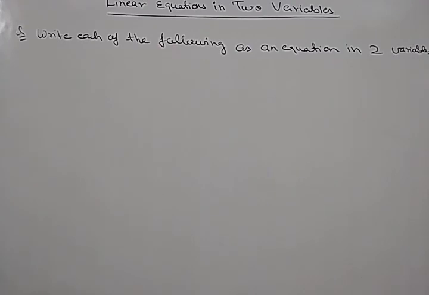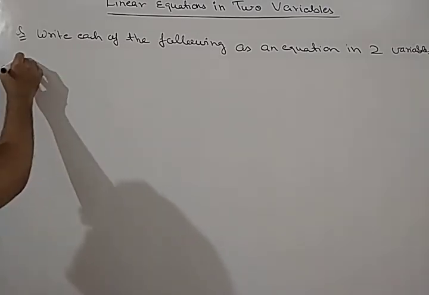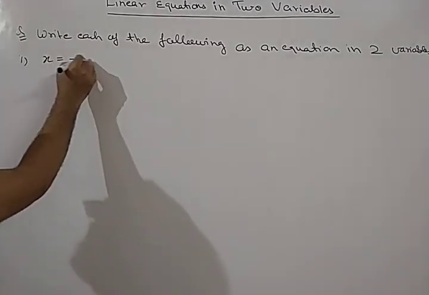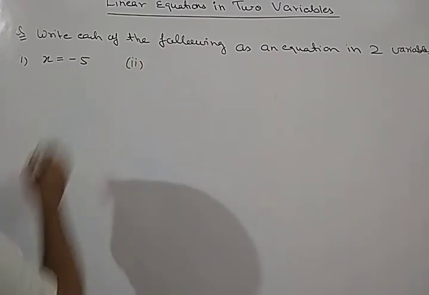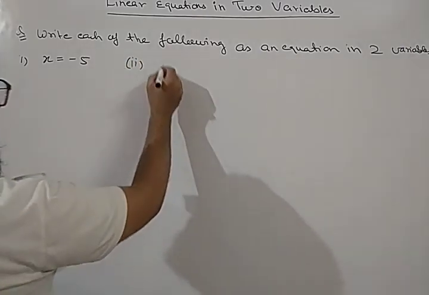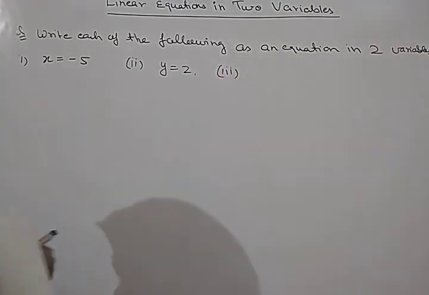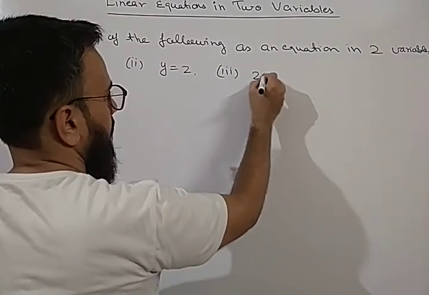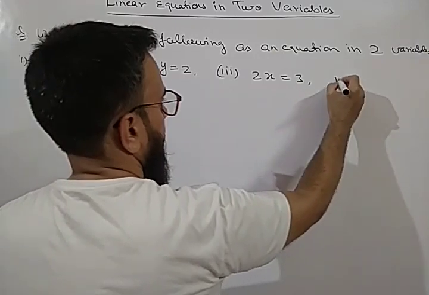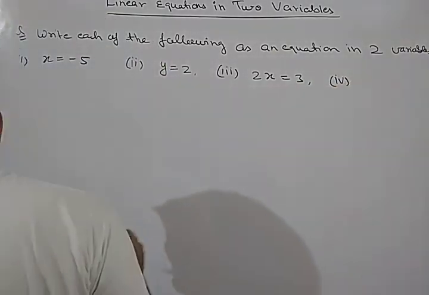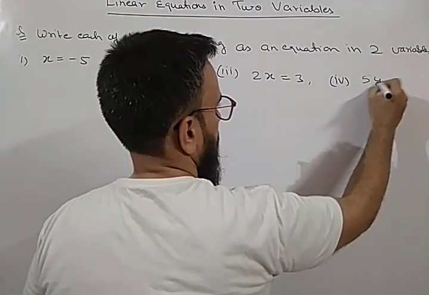Okay, write each of the following as an equation in two variables. So the first part is given x is equal to -5. Second part is given y is equal to 2. Third part is given 2x is equal to 3. And fourth part we have given 5y is equal to 2.